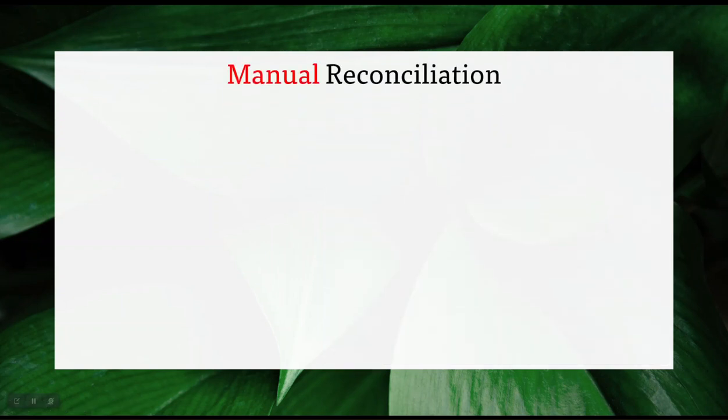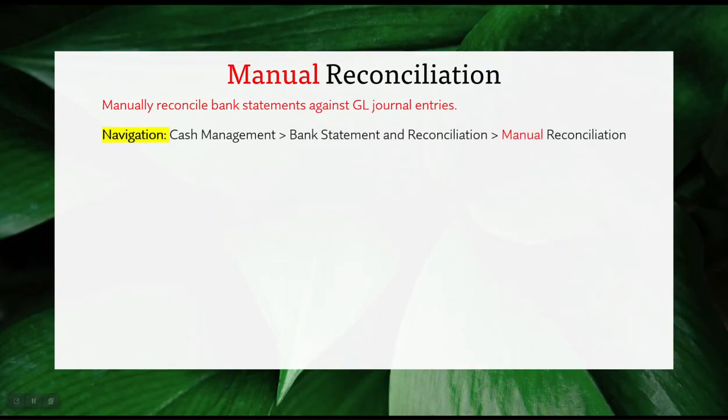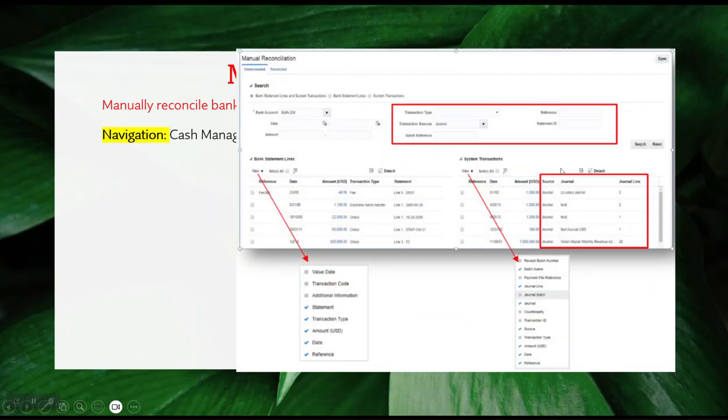For manual reconciliation, you just manually reconcile the bank statement against GL journals. Again, you go to bank statement reconciliation and make a manual reconciliation. As we said, there are two parts: on the left, bank statement lines, and on the right, system transactions. For these system transactions, this is a common feature for all Oracle Cloud.